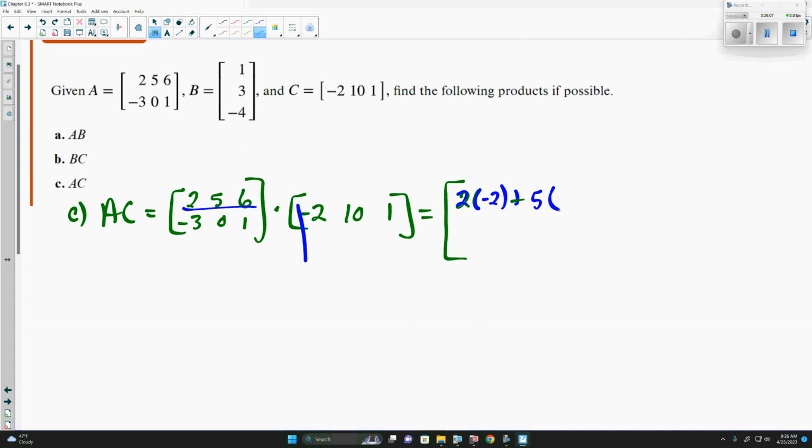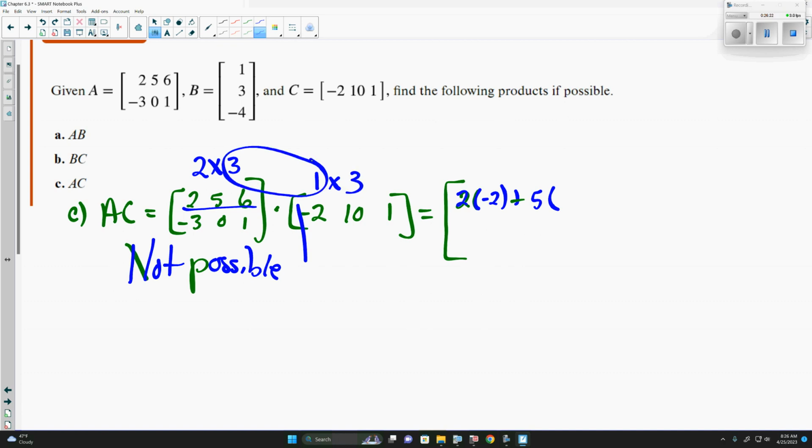No. So this is not possible. Because if we think of the dimensions, matrix A is a 2 by 3. Matrix C is a 1 by 3. Columns of the first does not match the rows of the second, so we can't actually multiply this. It is not possible.